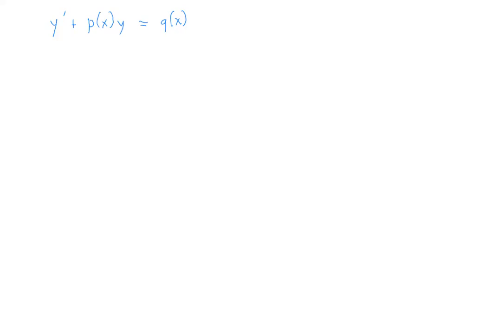And this integrating factor, at first, is going to look very strange, but I'm going to multiply both sides by e to the integral of p of x dx. I could simply tell you that I'm multiplying by e to an antiderivative of p of x. That would be slightly better. And the right side is equal to q of x e to the integral of p of x dx.